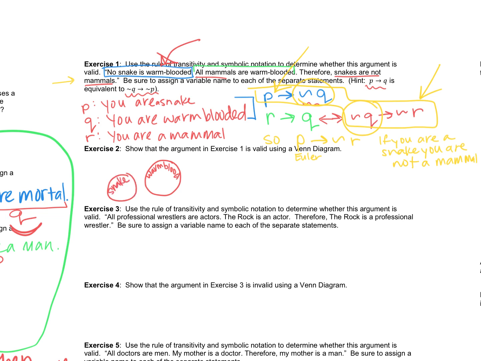Now, we know that all mammals are warm-blooded from the second statement, so all of the mammals would live inside here. And so it follows that snakes are not mammals, because there's no way for snakes to be inside of that. So we would say that was a valid argument.